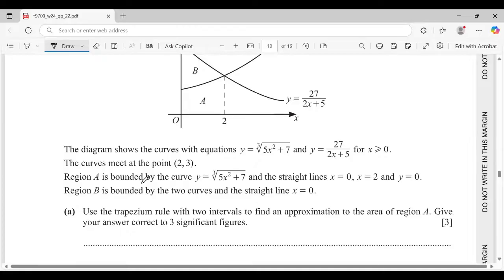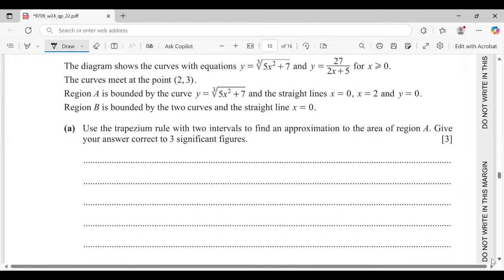Region A is bounded by the curve y equals cube root of (5x squared plus 7) and the straight lines x equals 0, x equals 2, and y equals 0. Region B is bounded by the two curves and the straight line x equals 0. Use the trapezium rule with two intervals to find an approximation to the area of region A. Give your answer correct to 3 significant figures.